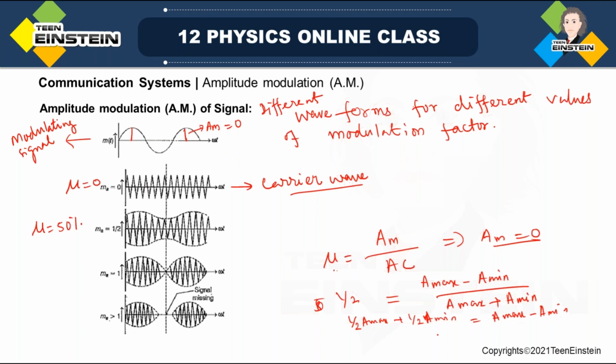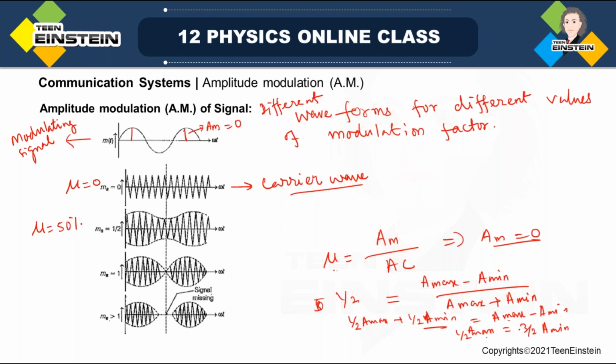So we can see that A max will be, when this comes and adds up, 3/2 A min, with a minus sign obviously.